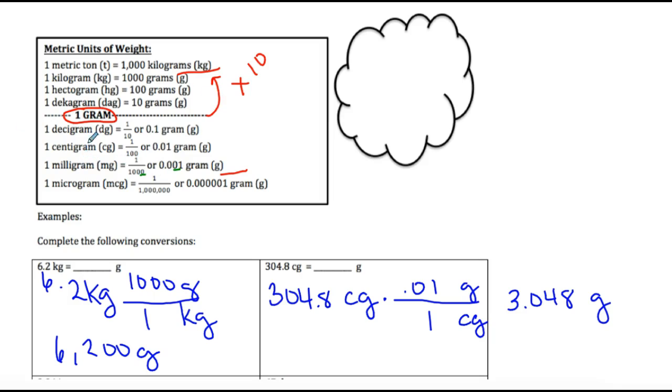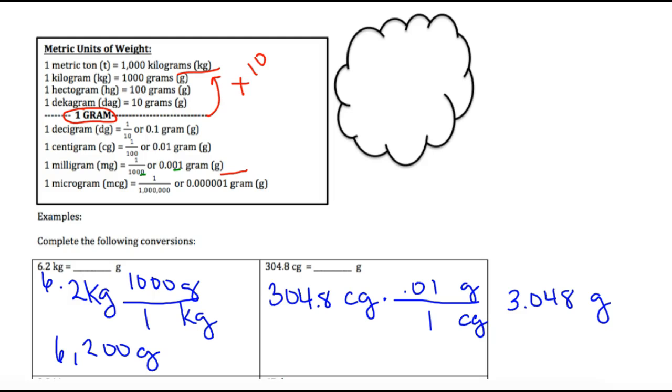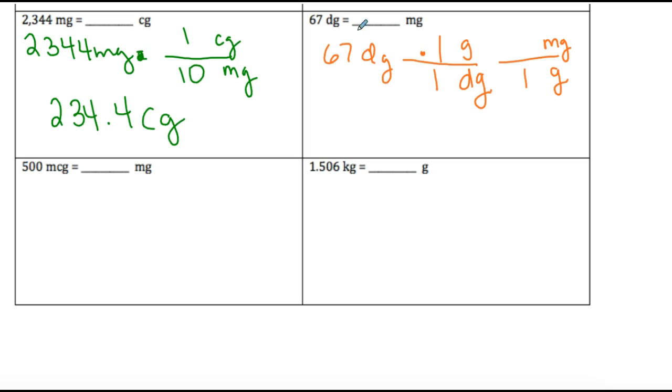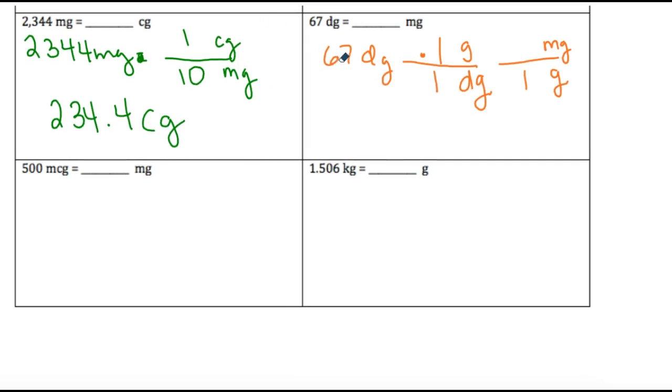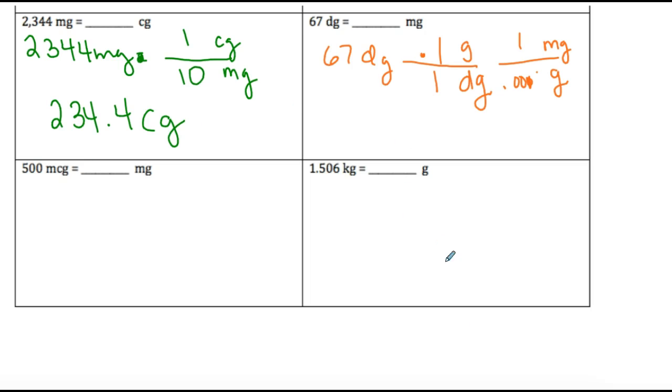So 1 decigram is 0.1 grams. And then 1 milligram is 0.001 grams. Okay, I have that backwards, so I'm going to go ahead and fix that real quick. Because milligram is a smaller one, we have 1 milligram, and this would be 0.001. Only 2 zeros. Double check that real quick. 2 zeros. Okay, so now I'm ready to multiply.